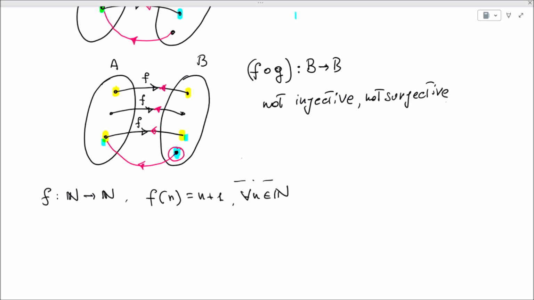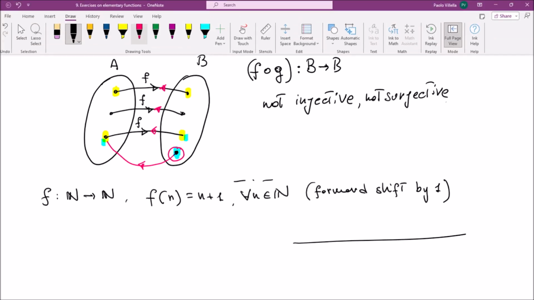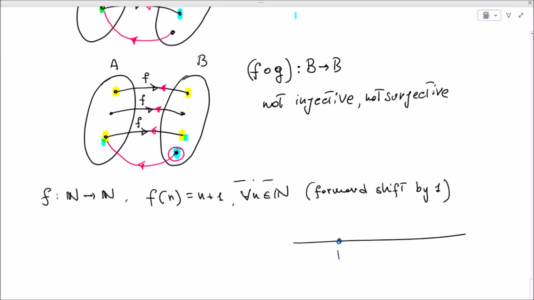So in other words, this is just a forward shift by 1. You pick any number n, and this function maps it into n plus 1. So for every number n, the function shifts the number forward by 1.